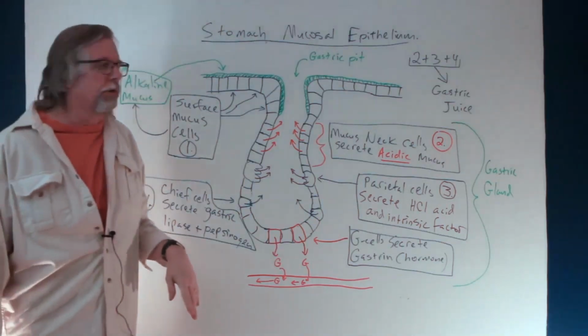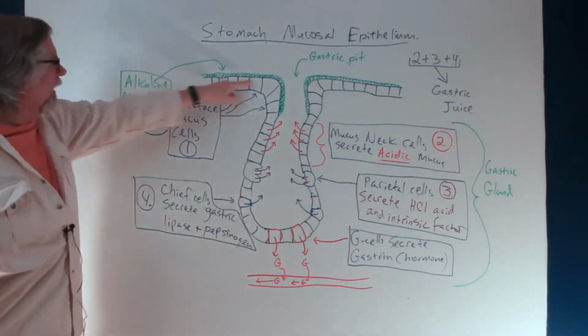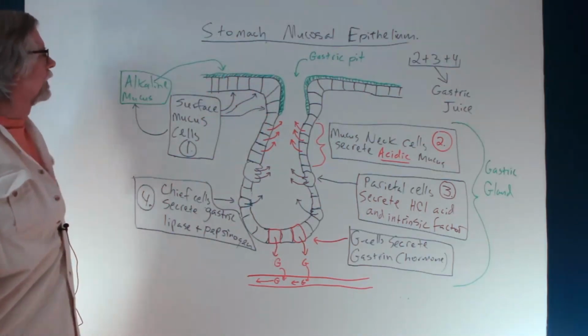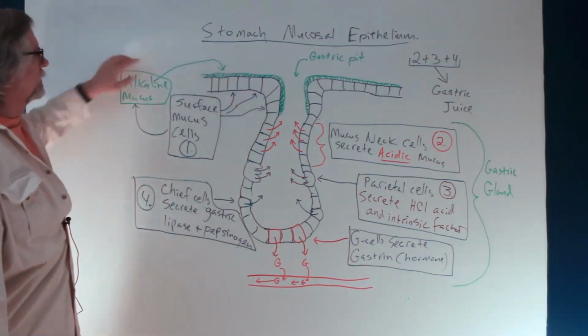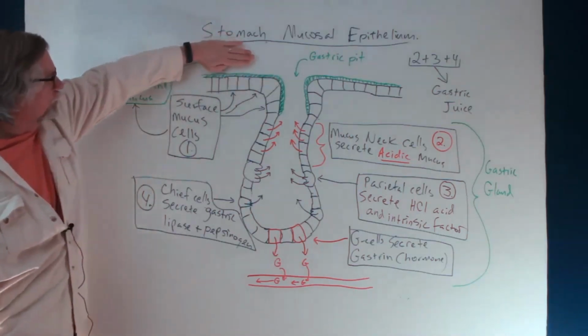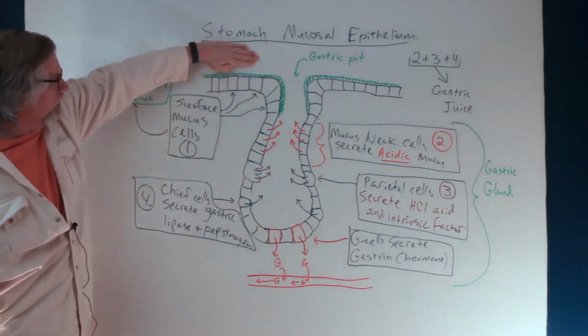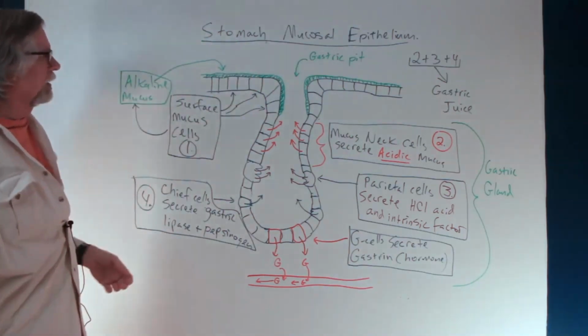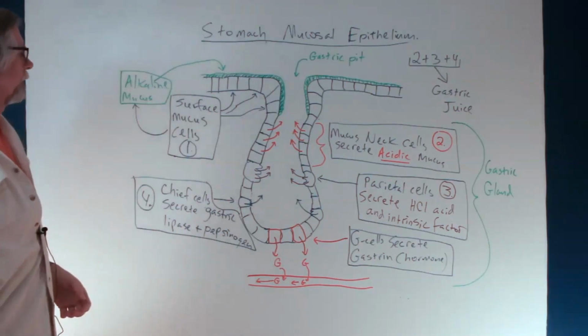That's good for digestion. However, we have to protect these cells from that harsh contents. So this alkaline mucus sits on the surface of these cells, and it's neutralizing the stomach acid that comes in contact with these cells, helping to protect them. You can think of it as a protective lining for these cells.